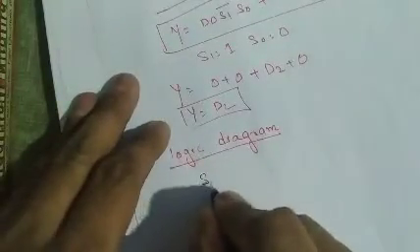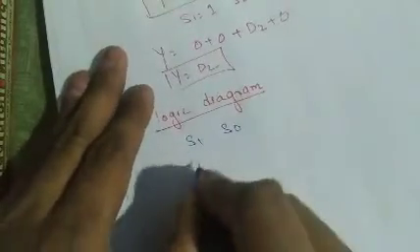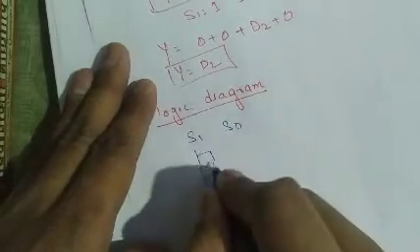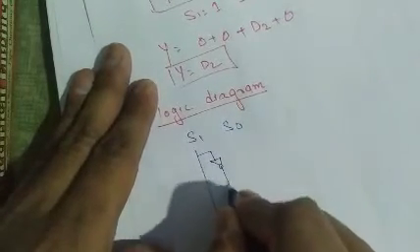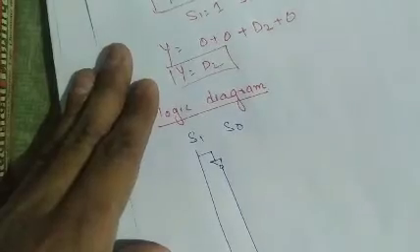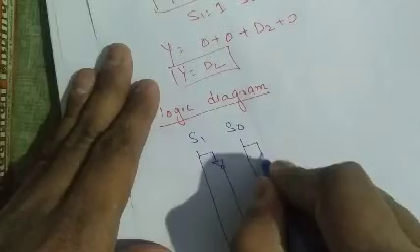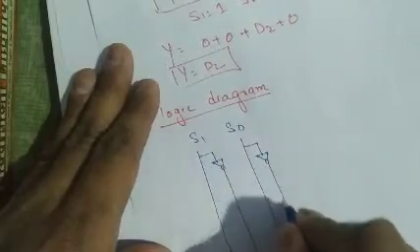These two select lines S1 and S0. Here for bar I am using a NOT gate. Same for S0, for bar I am using a NOT gate.